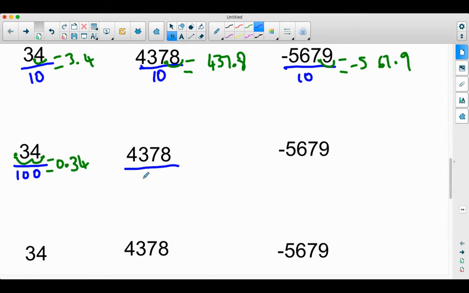Then 4,378 divided by 100. We are going to move the decimal point 1, 2 places to the left. So that will give us 43.78.